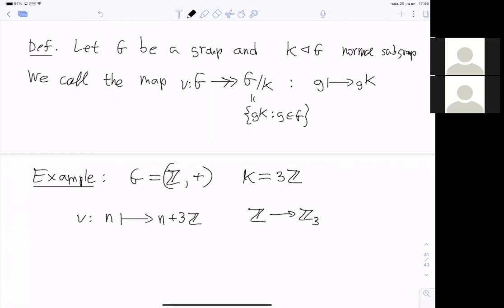Why Z3? Because the quotient of G by K has the elements 0 plus 3Z, 1 plus 3Z, and 2 plus 3Z. For example, 4 is 1 plus 3Z.